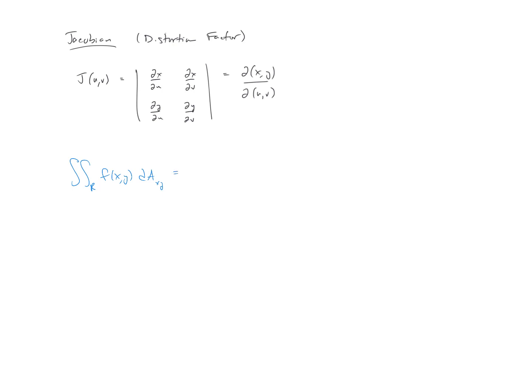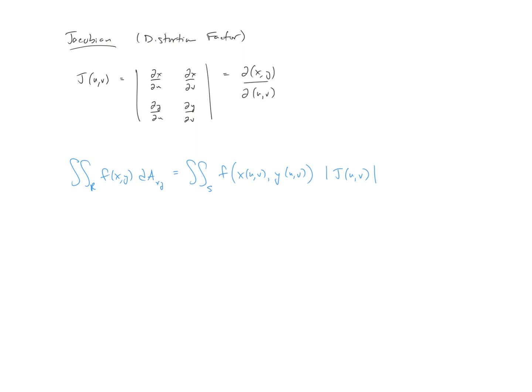This now, using our substitution, is going to be a double integral over that new region S. If you remember from the last picture, I changed from R into S. Our function now can't have x's and y's anymore. It's a function of u and v. So x will have to be a function of u and v, and y will have to be a function of u and v. Then we're going to multiply by the absolute value of the Jacobian.